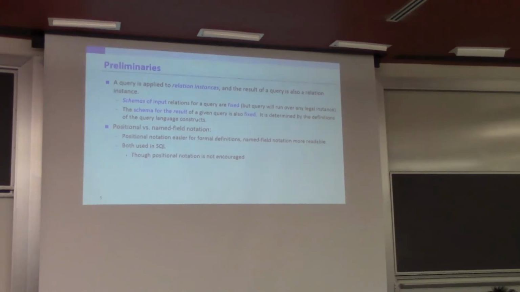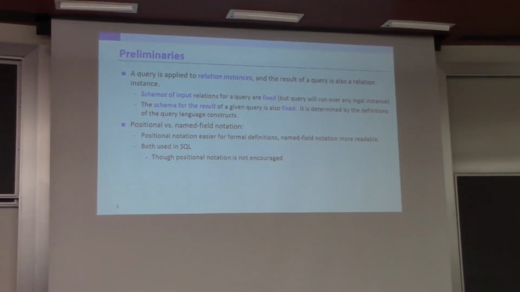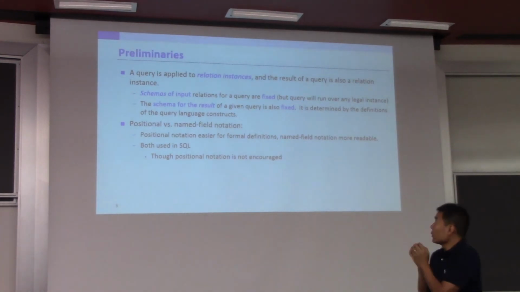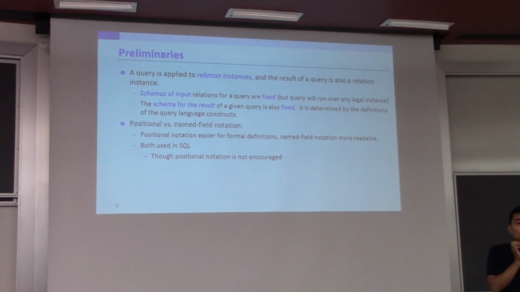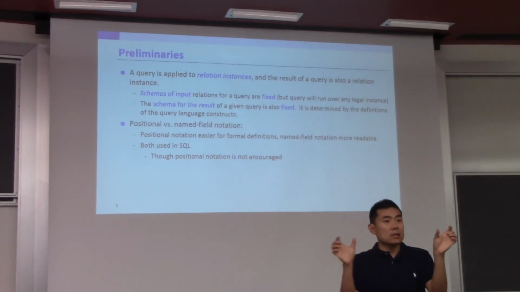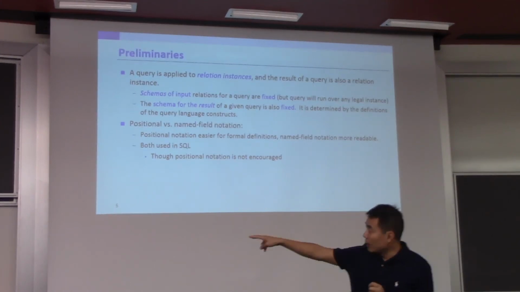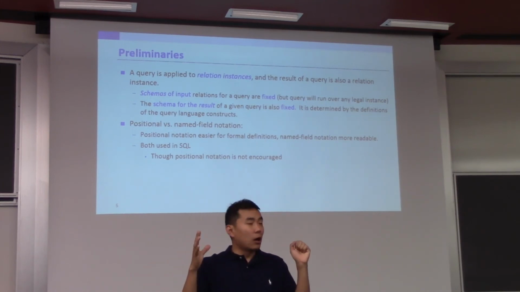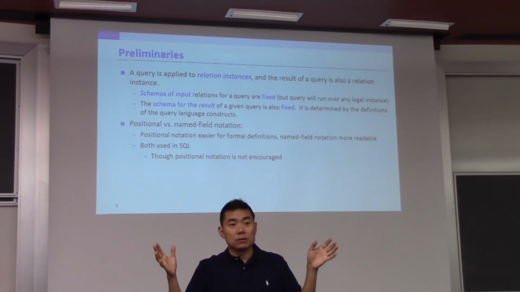There's some overview I will skip, and I will dive into the detail directly. So, a relational query expects relations as its input, either one single relation or multiple relations. For example, a join query is obviously an operation over multiple relations, not a single relation.